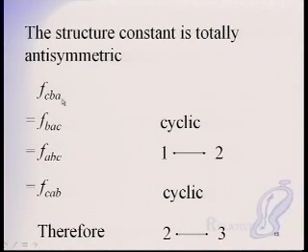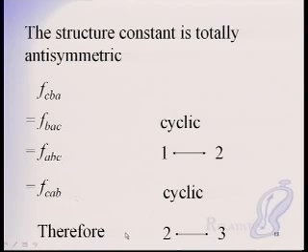But the trick is to use the cyclic property to move them to the first and second place. So using the cyclic property, CBA becomes BAC. But if I change BA to AB, interchange the first two, there should be a minus sign. Okay? Now I use the cyclic property to change it back.